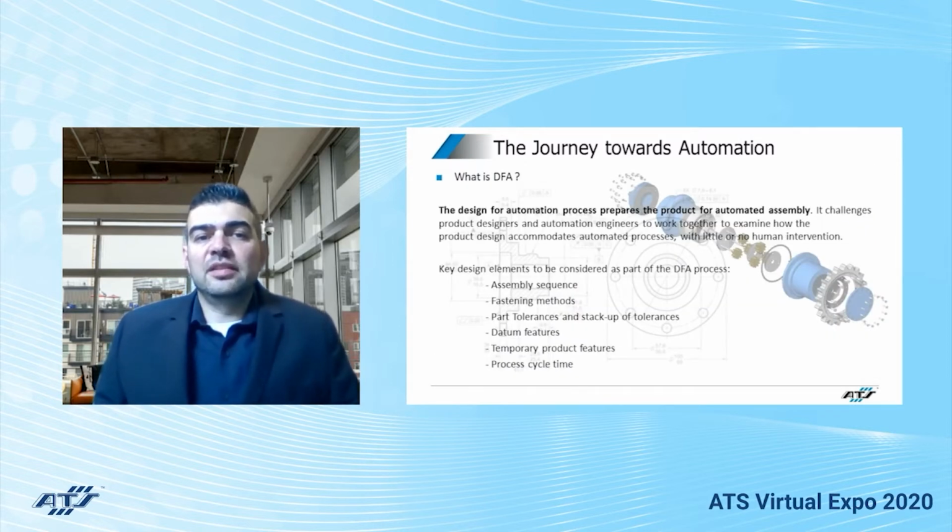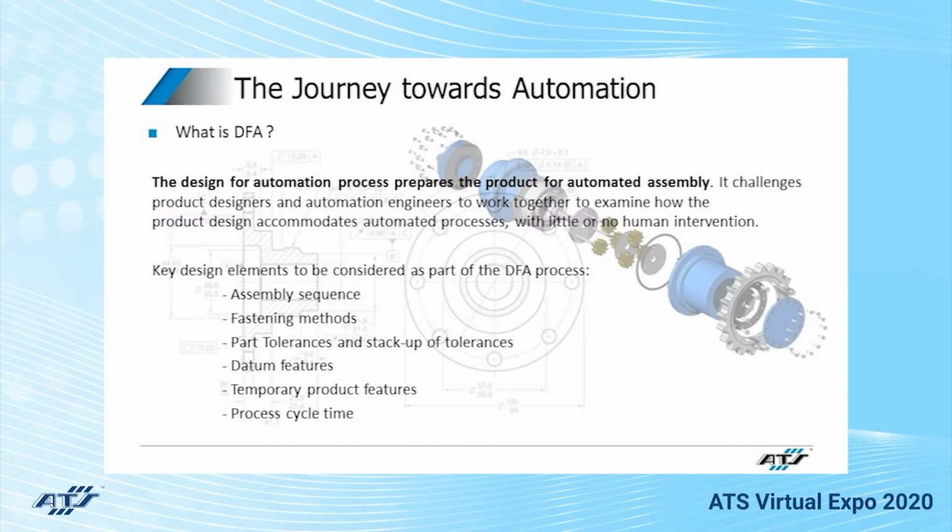So what is DFA? The DFA process is the design for automation that prepares the product for automated assembly. It challenges product designers and automation engineers to work together to examine how the product design accommodates automated processes with little or no human intervention.